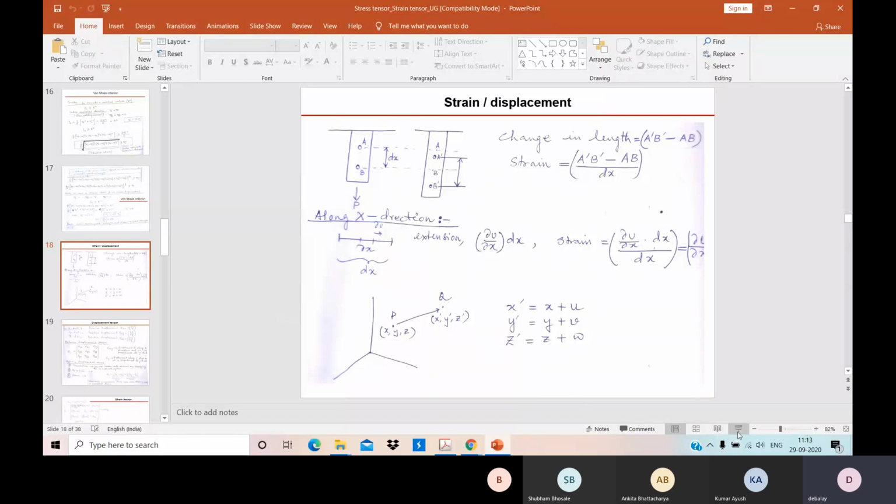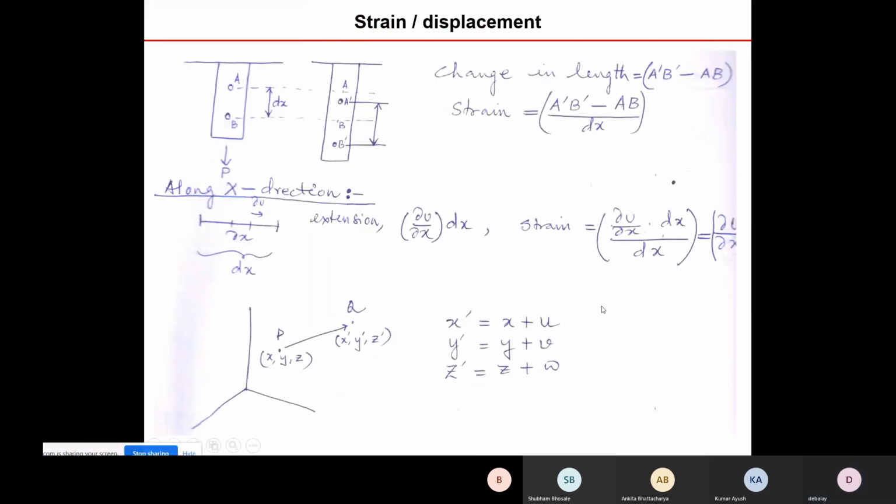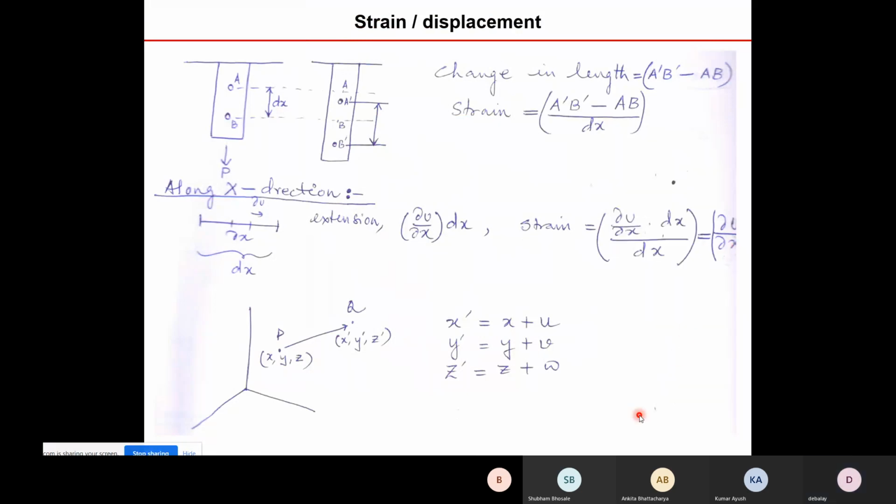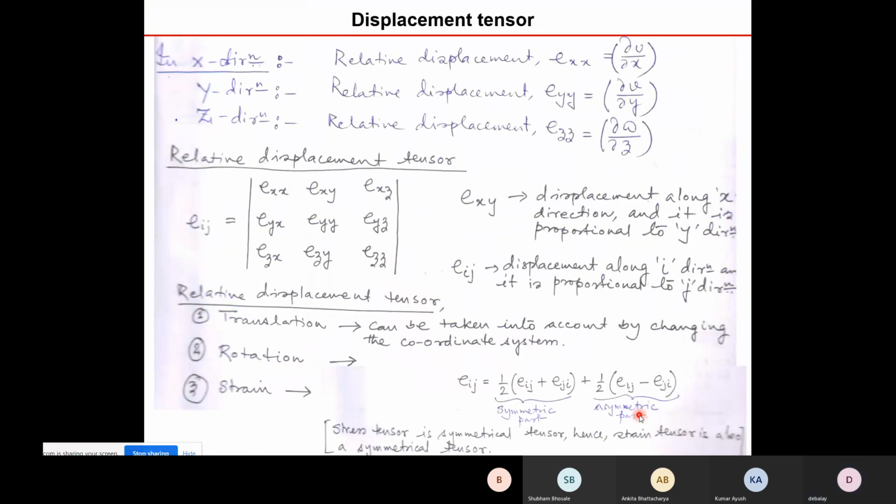So let us come back to the PowerPoint presentation where everything is written and will be shared with you. You see, the specimen tensor EIJ comprises translation, rotation, and strain. Translation can be taken into account by changing the coordinate system axis.